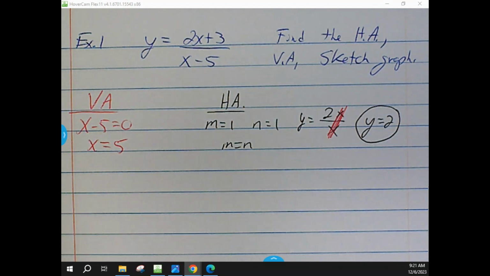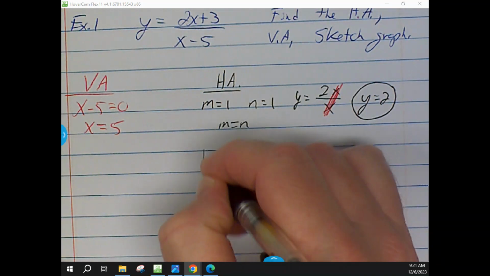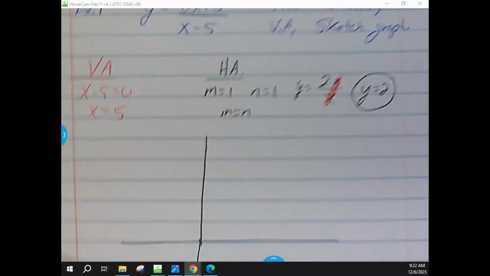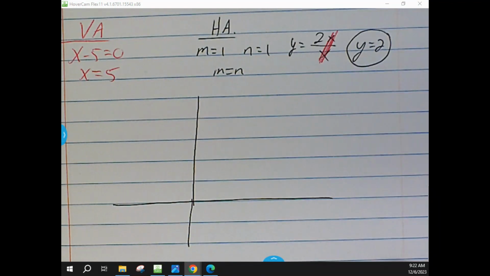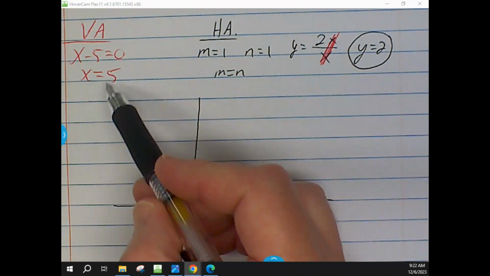Okay, and then when you go to graph it, now we know that basically yesterday when we were going through these, we know that the center is not going to be at 0, 0, that we've got a horizontal asymptote at 2, we've got a vertical asymptote at 5.